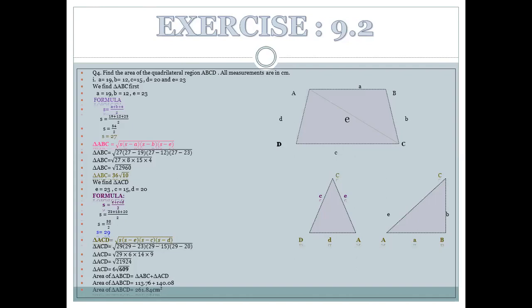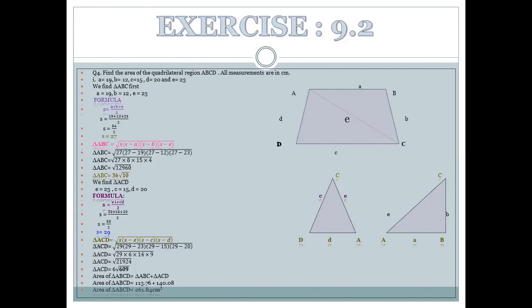Now, the last step, we calculate the area of the quadrilateral. In this, you add both areas of the triangles. The first area of the triangle was 36 under root 10 and the other area of the triangle is 6 under root 609.